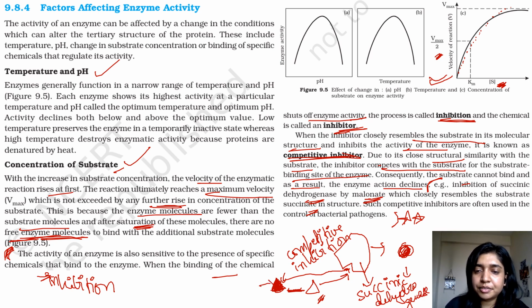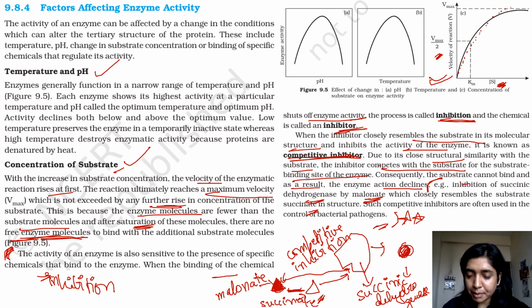This is your inhibitor, which is malonate, and this is the original substrate, which was succinate. Such competitive inhibitors are often used to control bacterial pathogens.